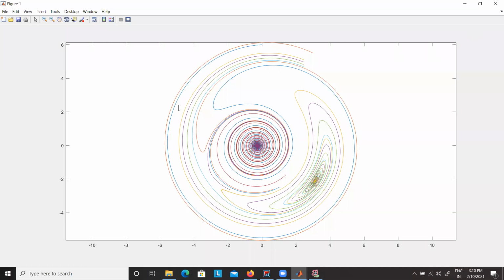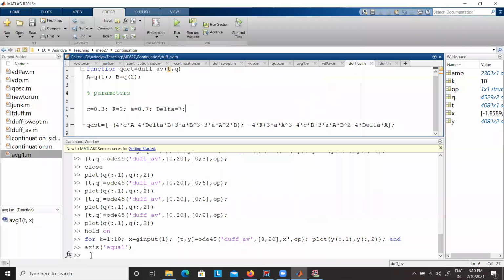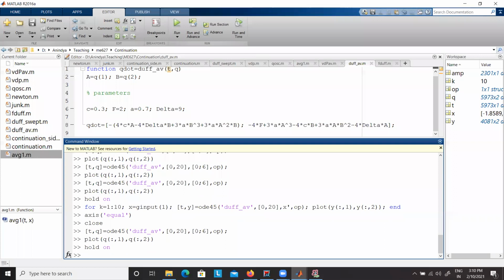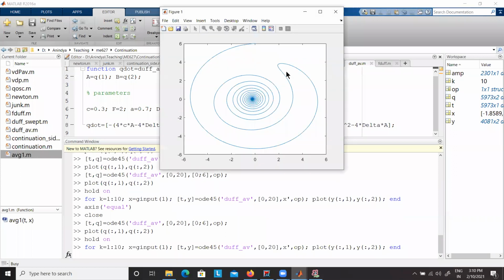Okay, so then maybe 8 or 9 was appropriate. I just left it early. This is still very much there. And this saddle is also very much there.